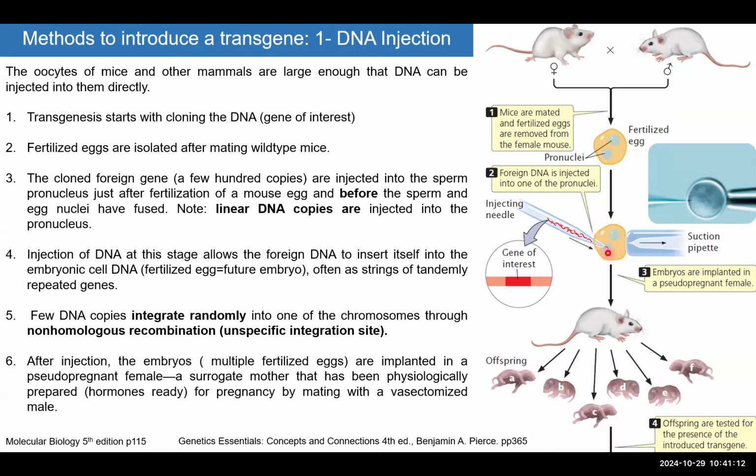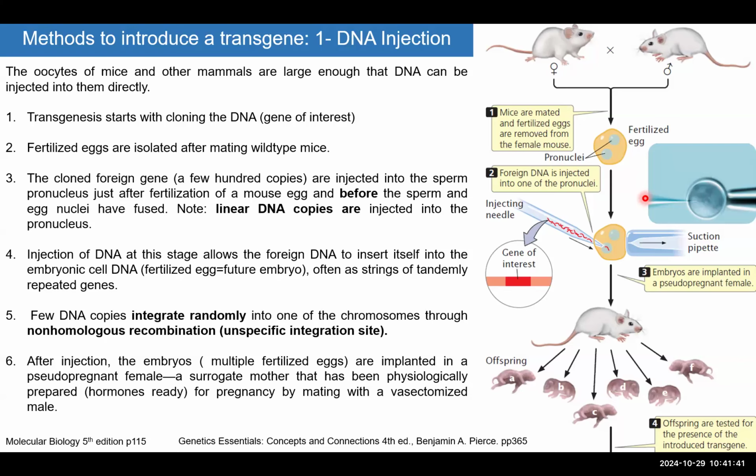Then we let this grow, and of course, we are not doing only one egg and one sperm. When we do this process, keep in mind that we will get many eggs and many sperm. So we will get many of these fertilized eggs, because normally a male mouse with a female, when they mate, will generate 6 to 12 animals.